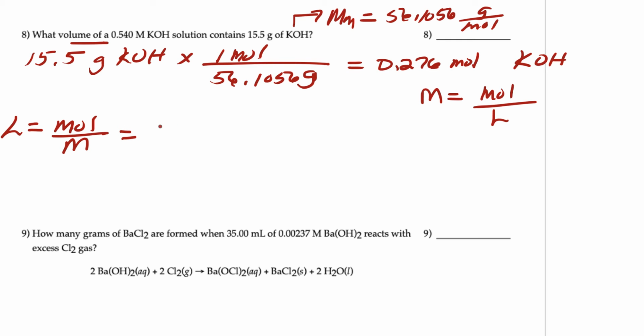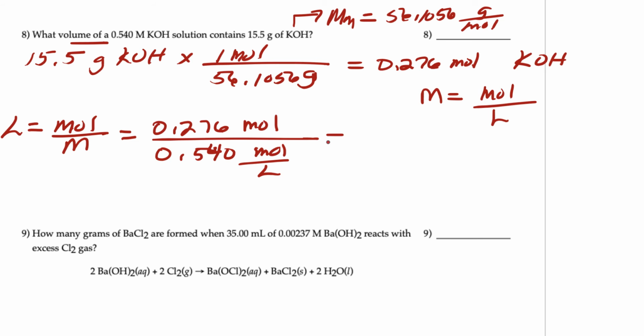So we have 0.276 moles divided by the molarity, which is 0.540 moles per liter. Moles cancel. We're left in liters. So 0.276.